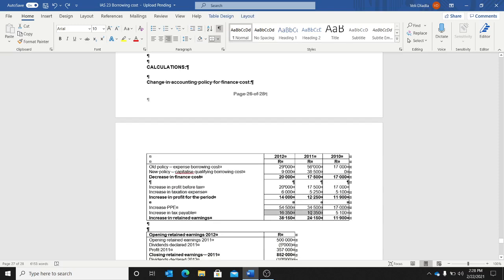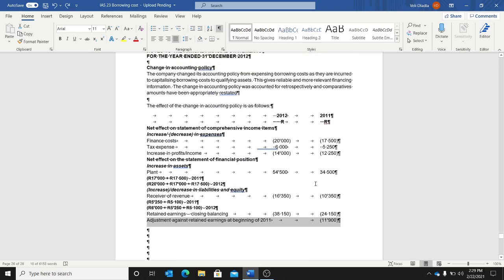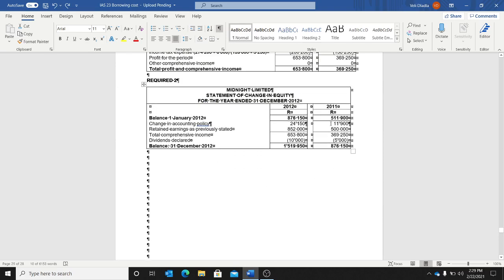Right, you've got a tax that is increasing, you've got a net amount that is increasing, which are the figures that you are disclosing here. Right, then you've got, if your expenses are decreasing, the profit will increase. If the profit increases, that's an increase in retained earnings as defined here. Right, the adjustment against the retained earnings at the beginning of 2011, which is this one, it tells you it agrees to what you see here.